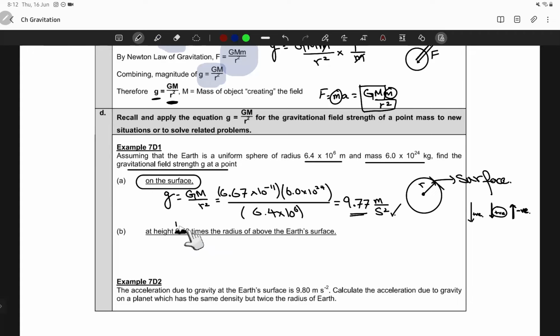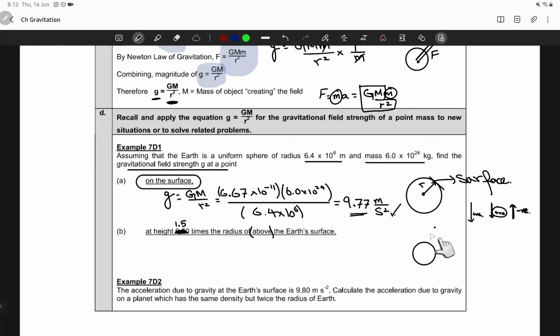It is 1.5, because 0.5 would mean that you are going inside the surface of the Earth. You're digging into the surface, because the height is decreasing by half, right? That's not supposed to be the question. The question is, it is 1.5 times the radius above. They have clearly mentioned it's above the Earth's surface, so it's 1.5 times above.